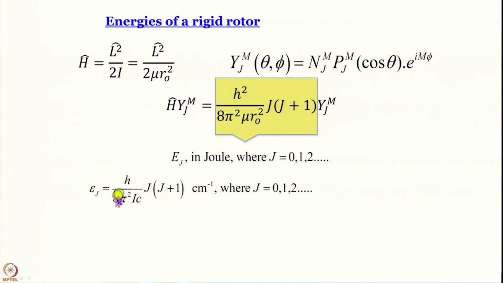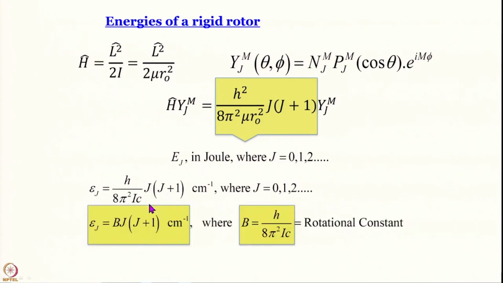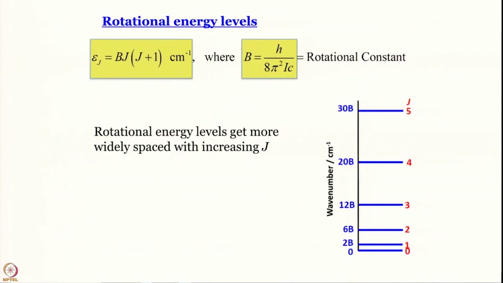So, we convert this to epsilon j equal to h by 8 pi square I c multiplied by j into j plus 1, which is simply dividing by hc, and that is in centimeter inverse. It is simply written epsilon j equal to B into j plus 1 in centimeter inverse, where B is h by 8 pi square I c. This is called the rotational constant.